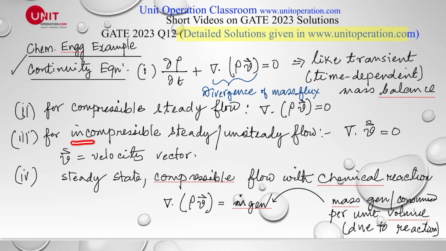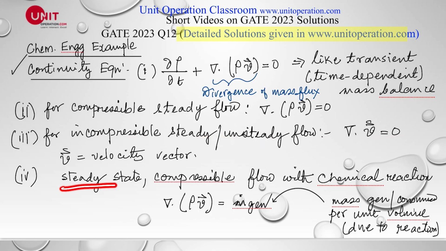If it is incompressible, let us say like water or any liquid, whether this is steady or unsteady, since the density does not change with time, this would be equal to 0. So in those cases, the density term can come out here, and we can just say that the divergence of the velocity vector itself is equal to 0. That is only for incompressible fluid.